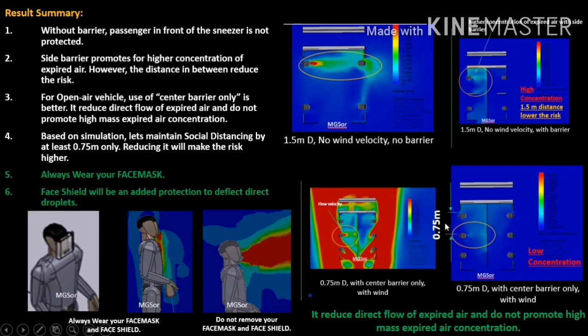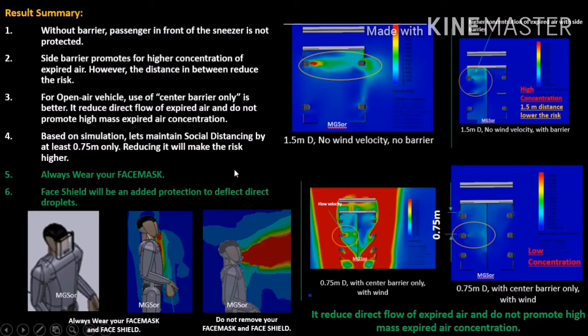So the 0.75 meters still works, but I don't recommend reducing it up to 0.5 because, as you can see, if you do it at 0.5, the droplets concentration will be nearer to each other. So I think 0.75 meter is the least distance that we can do.